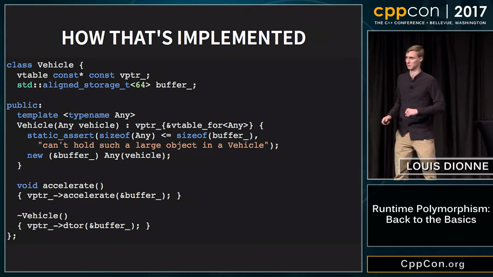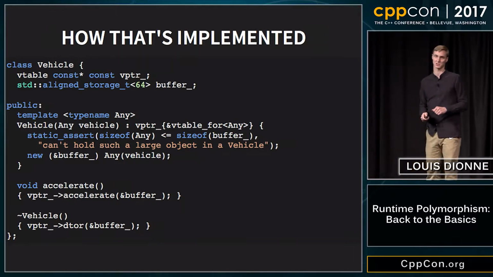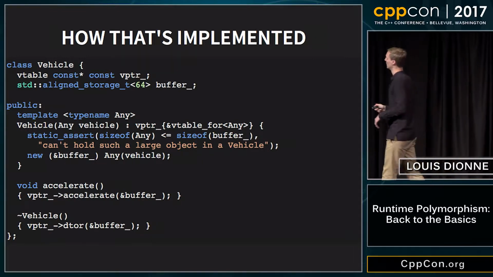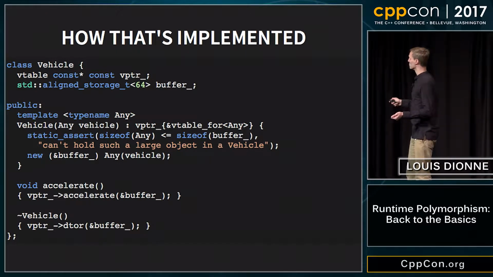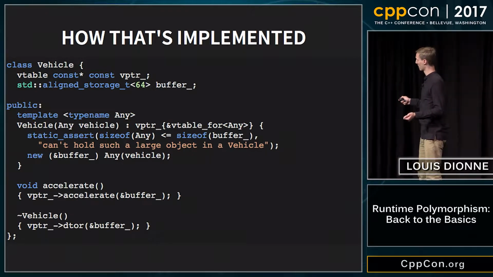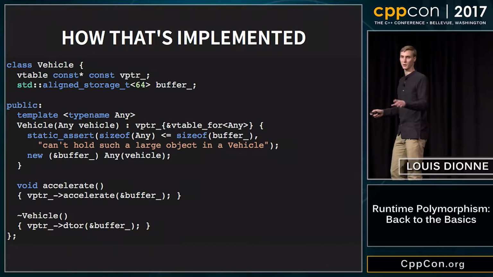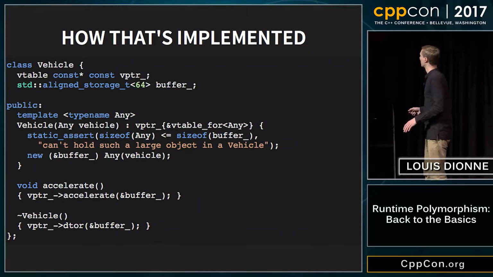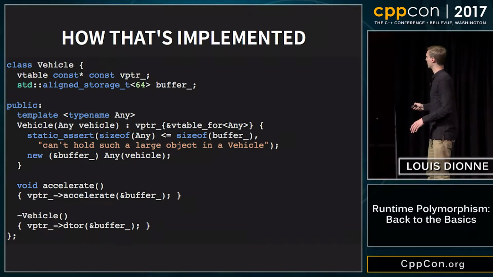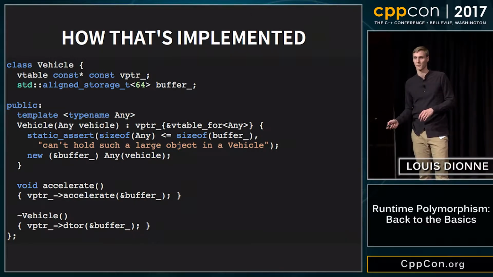And the way we can do that is, we just have some buffer of a fixed size, aligned storage of 64 bytes in this case, for example. And then when I get constructed from any concrete type, I make sure that it fits in the buffer. So if the size is less than or equal to the size of my buffer, and here I'm skipping some alignment checks and so on, but it's not good. So if it doesn't fit in the buffer, then I basically give a compiler error.